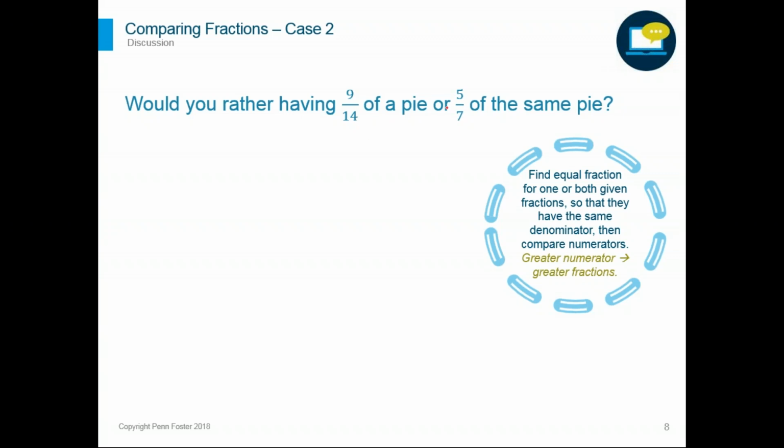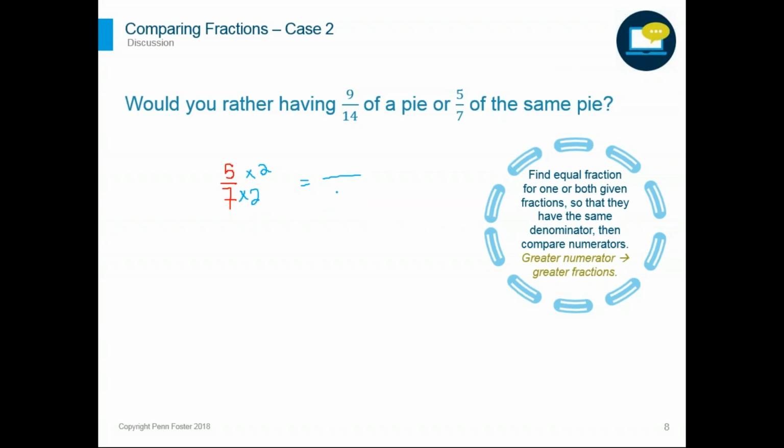So in my mind, I can change 5 over 7 to an equal fraction with a 14 in the denominator, the same way we have been doing. So I'm going to do 5 over 7, and then I'm going to multiply that times 2 and times 2. And why did I pick 2? Because 7 times 2 will give me 14, and 14 is the same denominator as the other fraction.